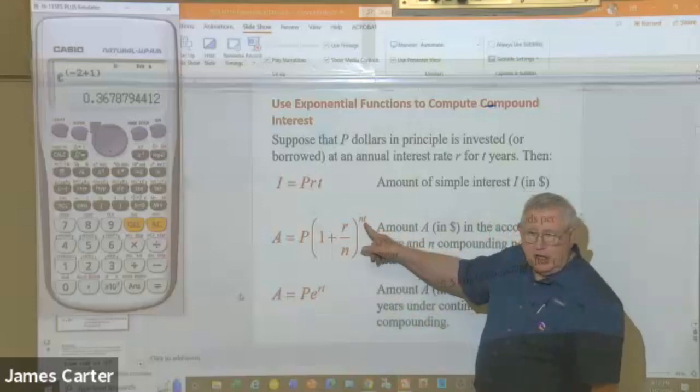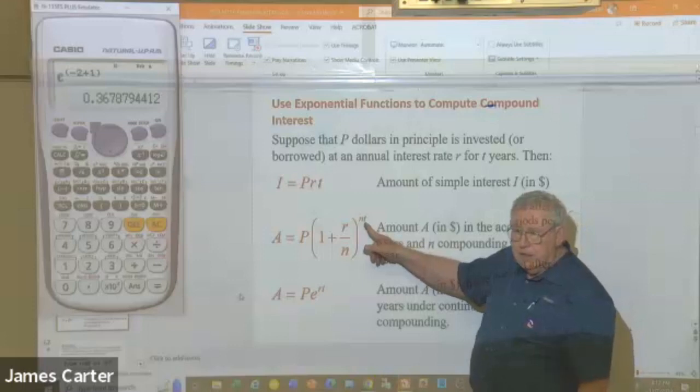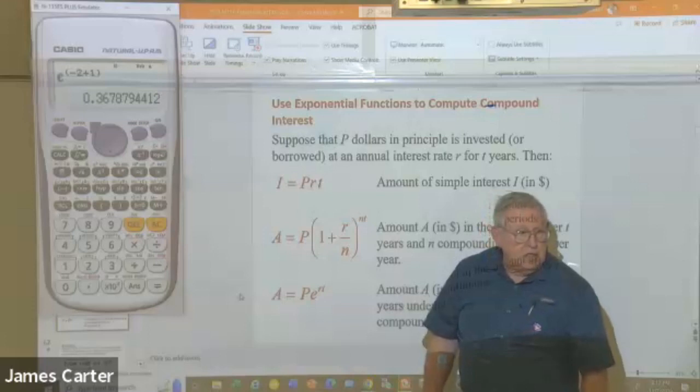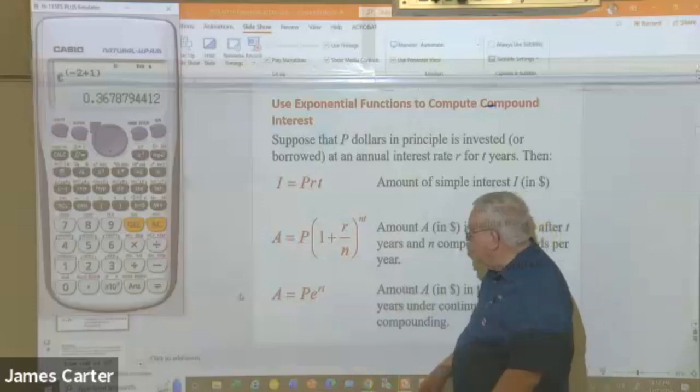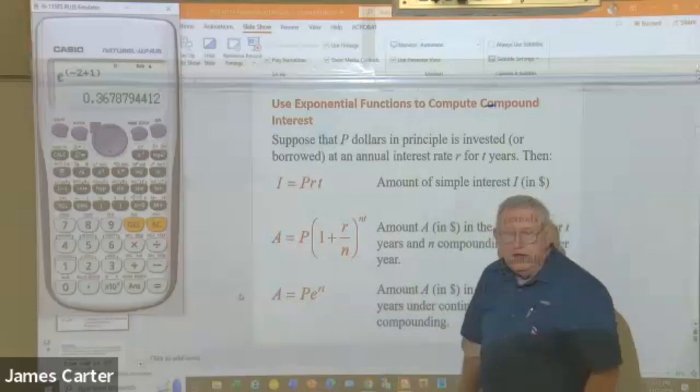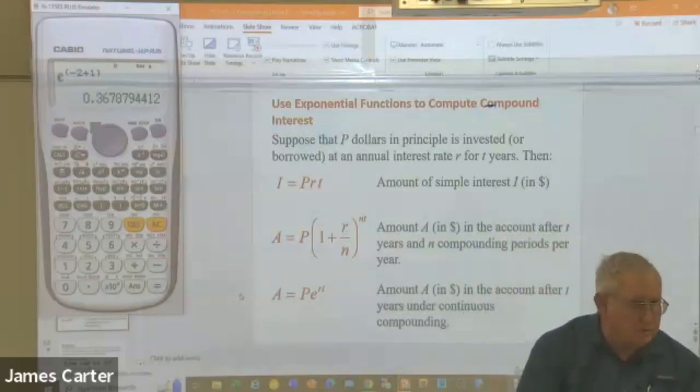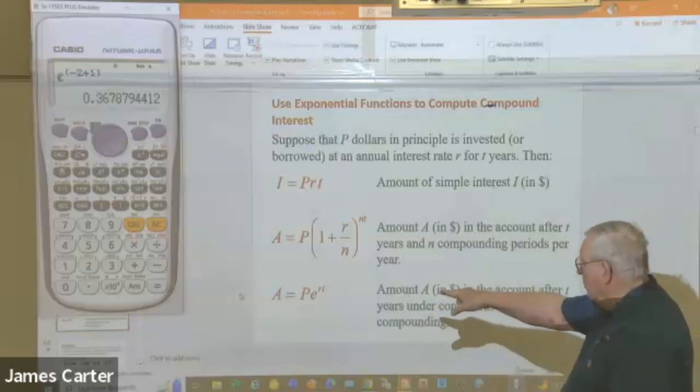Okay, and that's what this is. And you can do this in that calculator. Okay, and I'll show you that in a moment. Now, if they say it is infinite interest, then that's this bottom one.